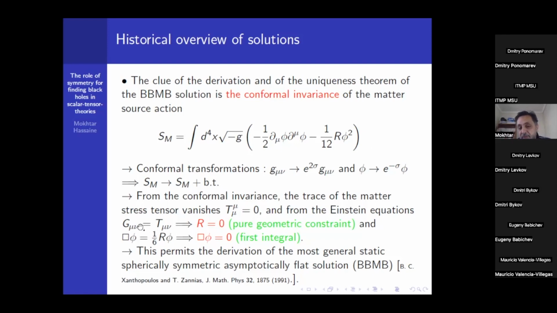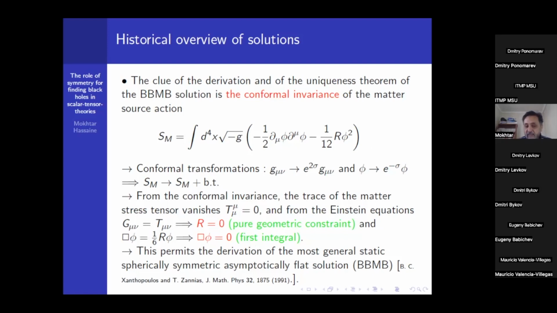And then from the Einstein equation, if I take the trace on both sides, I get that the curvature is 0. I get my pure geometric constraint: any solution must have R equals 0. On the other hand, the scalar field equation is box phi equals 1/6 R phi. But since the scalar curvature R is 0, I get box phi equals 0, and then I get a first integral for the scalar field.